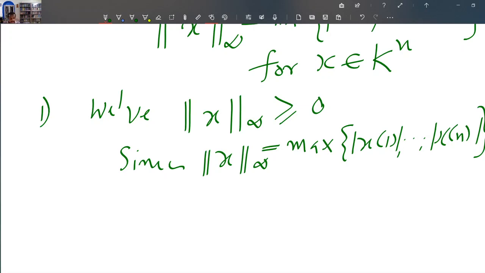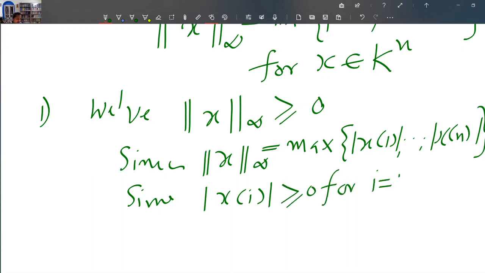You know each of the quantities x of 1, x of 2, etc., x of n is non-negative in modulus, so its maximum will always be non-negative. Since modulus of x of i is greater than or equal to 0 for each i equal to 1, 2, etc., n, we have the supremum norm of x is greater than or equal to 0.